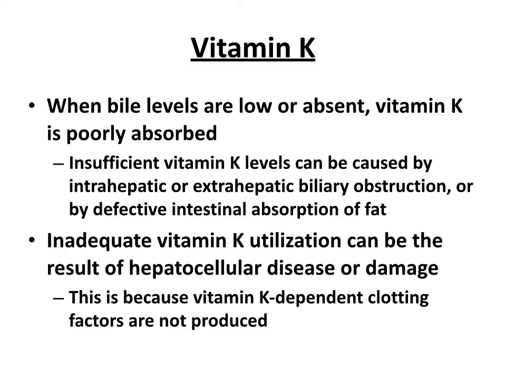Inadequate vitamin K utilization can also be the result of hepatocellular disease or damage. So if somebody's a chronic alcoholic, they might also bleed very easily because their liver isn't utilizing vitamin K properly.